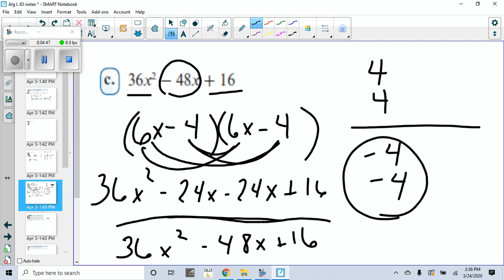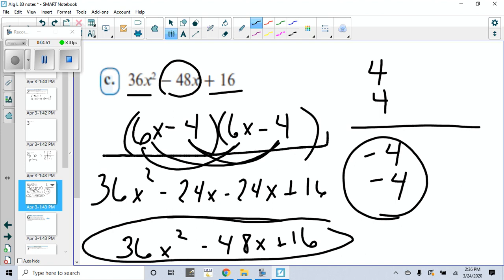And that is the same as your original problem. So when you factored it, you got two binomials that were identical. So you would say, yes, this is a perfect square trinomial, because you can take the square root of the first term and the square root of the last term, and when you multiply it out, it ends up being exactly how the problem started, 36x squared minus 48x plus 16.